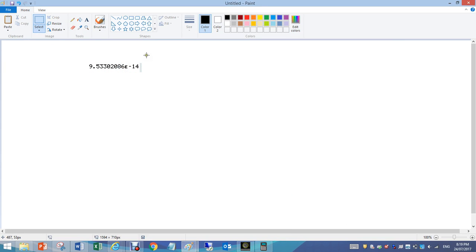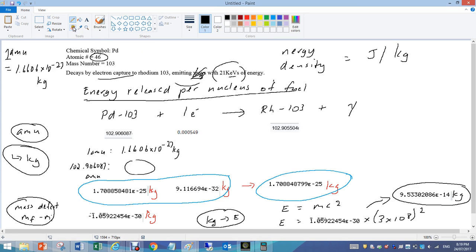So there's that many. Oops, actually I made a mistake here. It's not kilograms. It's energy. That was kilograms times the speed of light squared gives us the energy, so that's joules.